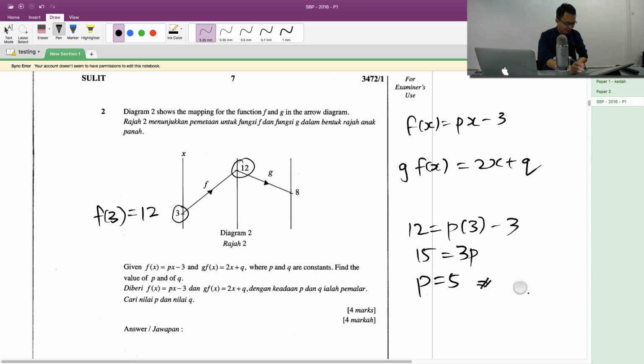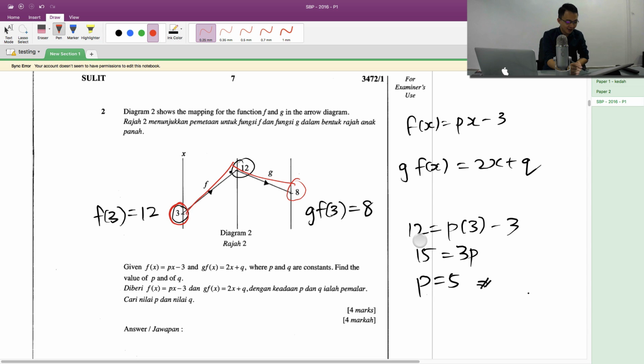Alright, for the second one, the question asks you to do the composition. For gf(x), that means f(x) first, then you go to g(x). I know gf(3) equals 8. Do you see that? If I substitute f(x) into g(x), and x is 3, I get the value 8.